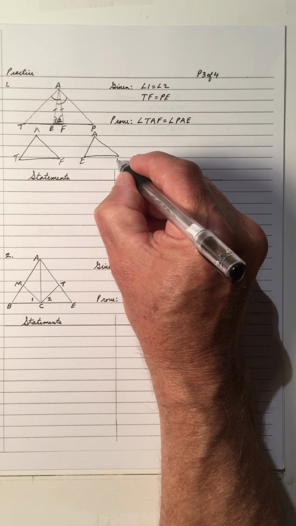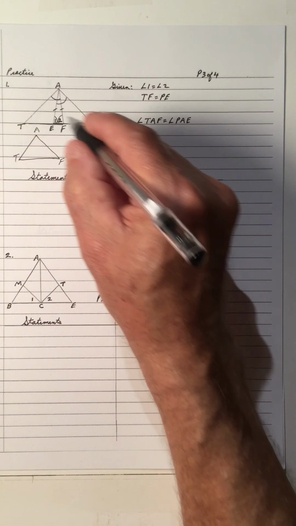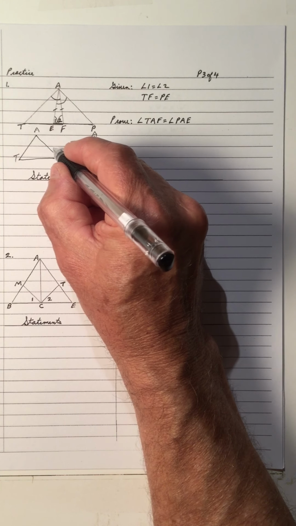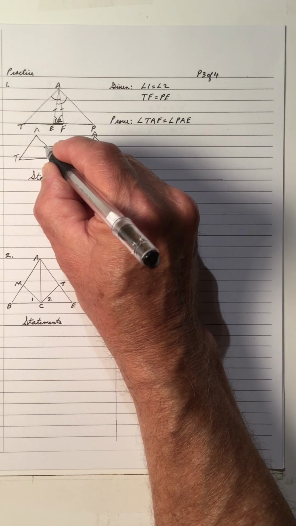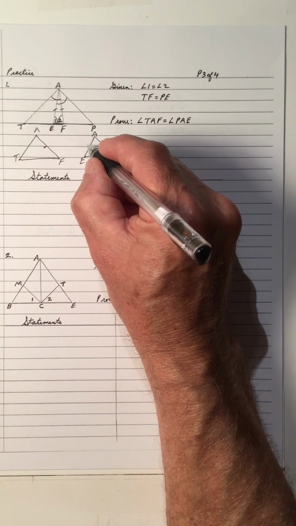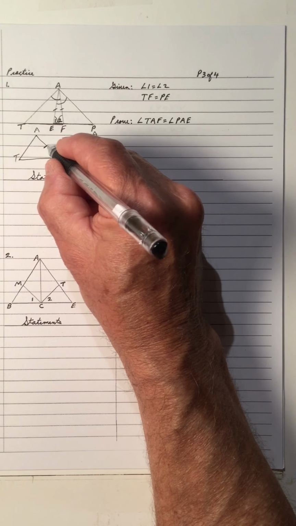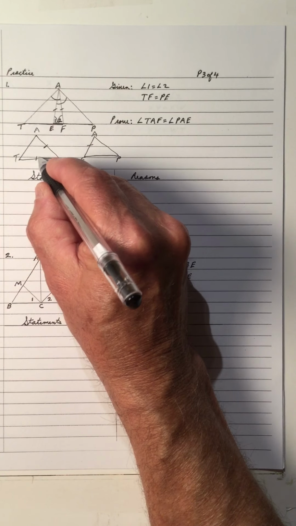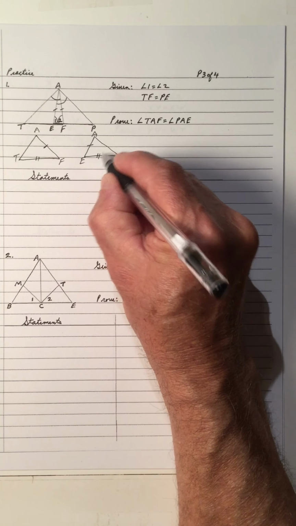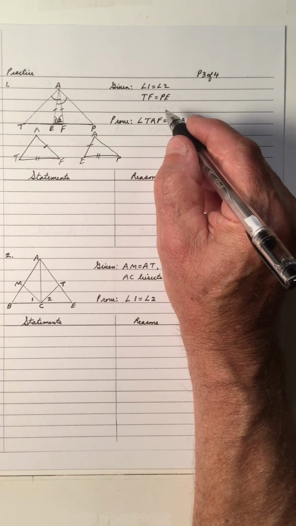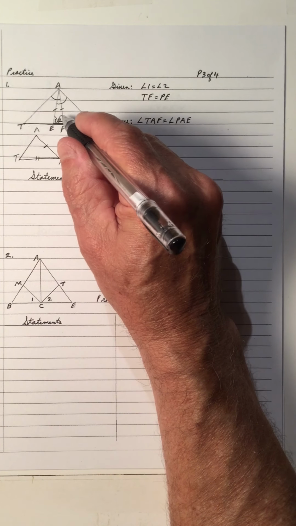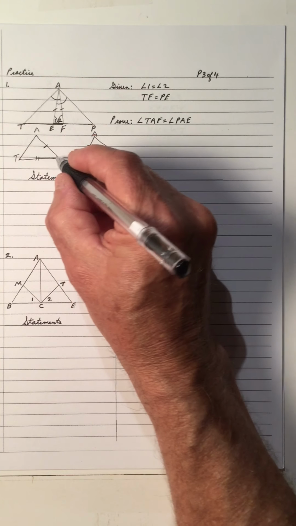Let's try these two. They're overlapping. Notice that angle 1 equals angle 2. So that makes AE equal to AF by ITT. Notice that we have TF is equal to PE by given. And notice that we have angle 1.